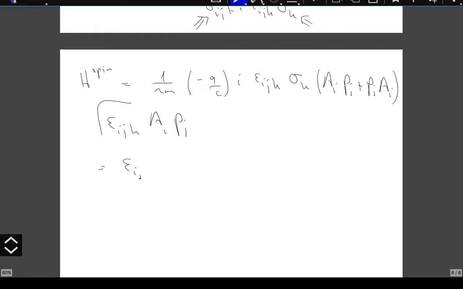Well, this is equal to epsilon_ijk (A_i p_j minus A_j p_i). Do you follow this? Are you familiar with this property? Okay, let me derive it.